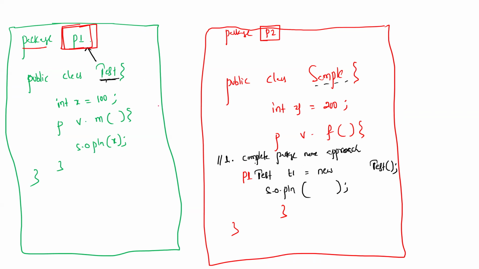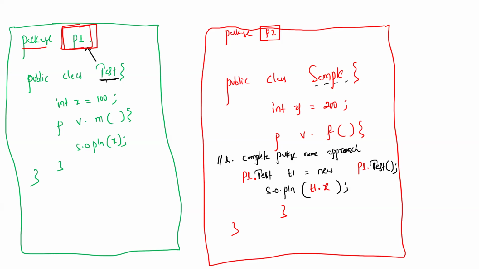To keep it simple, I kept only P1. So P1.Test T1 equals new P1.Test. Now how to access? T1.x. So this is the first approach, called the complete package name approach, to access one package's data from another package.